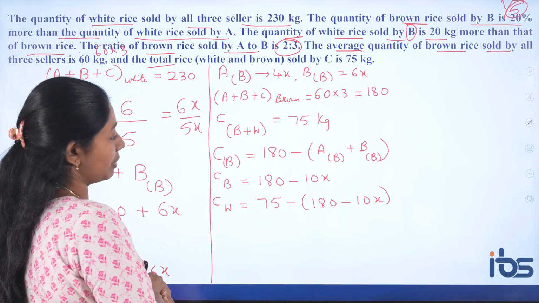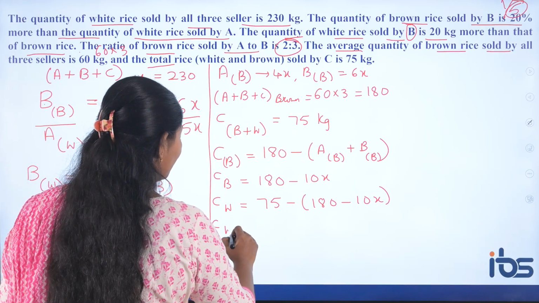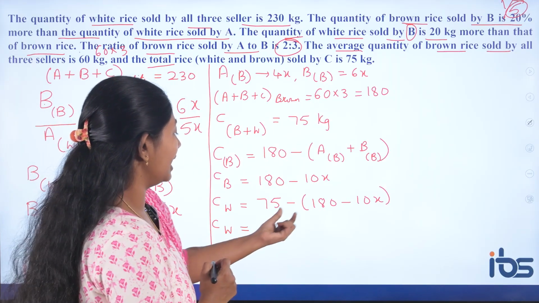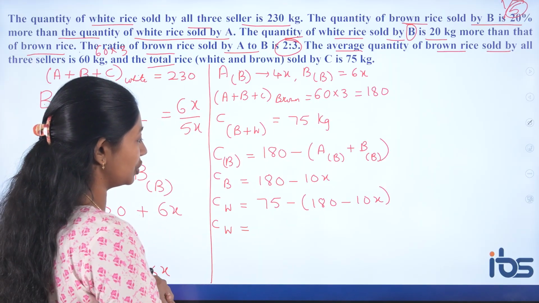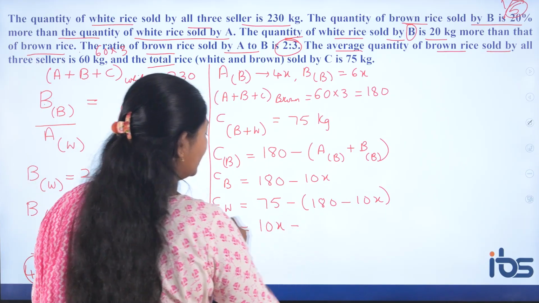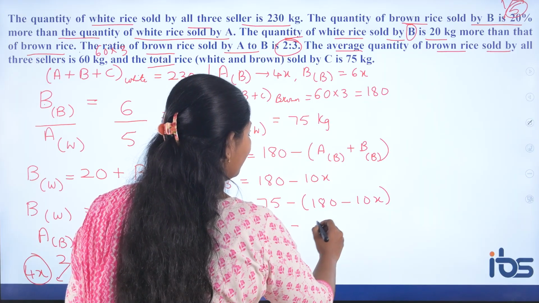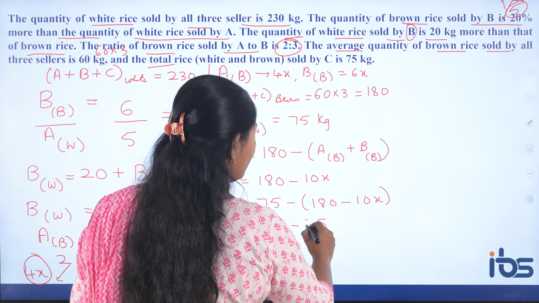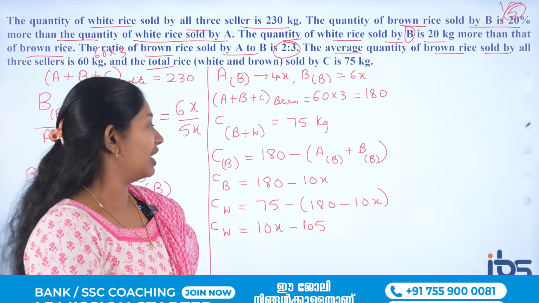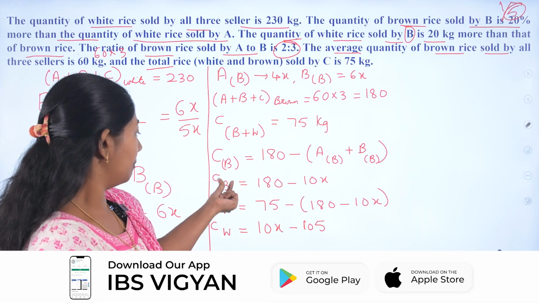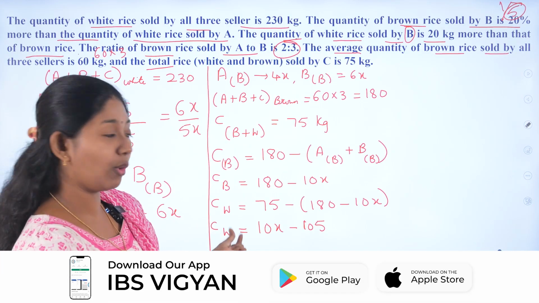So C's white is 75 minus 180, minus into minus is plus, 10x minus 105. Now we have found C's brown and C's white rice.